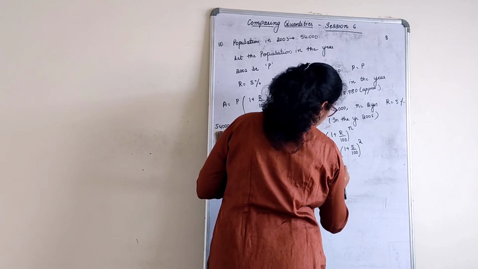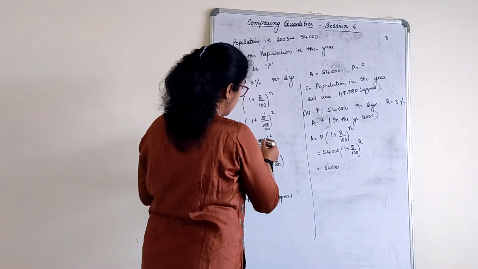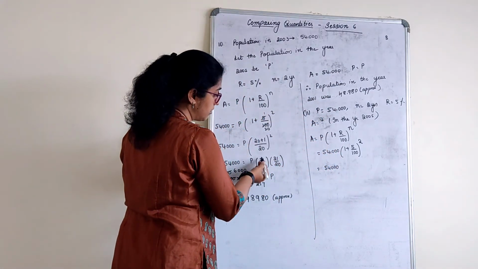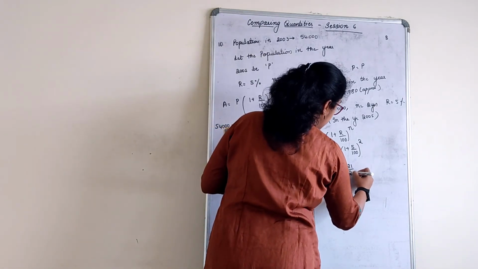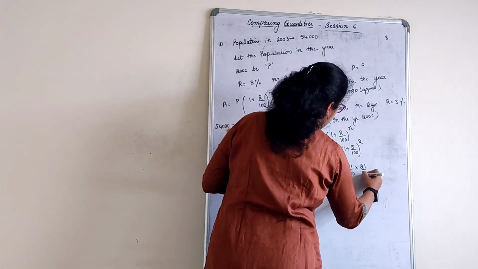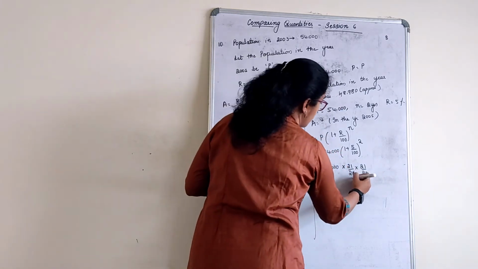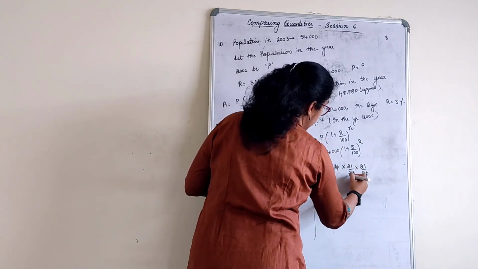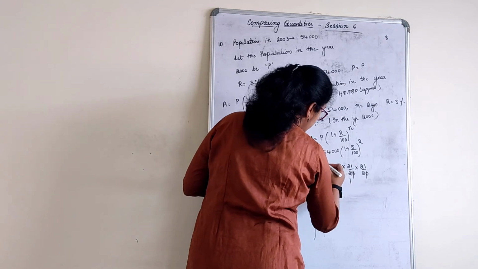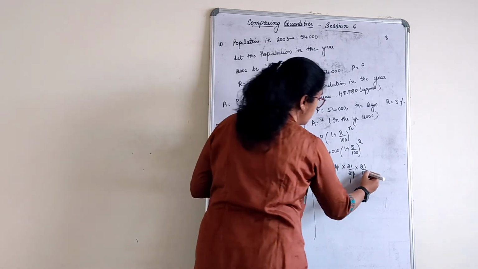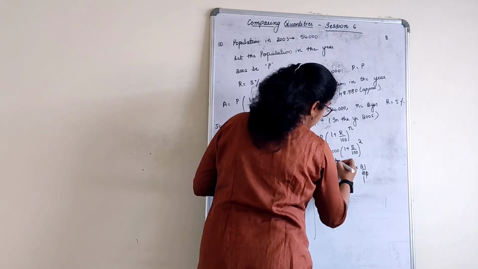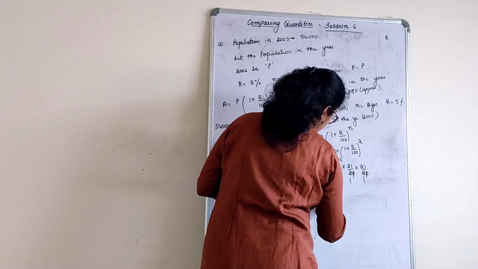So 54,000, same thing, 1 plus 5 by 100 raised to 2 is nothing but 21 by 20. Directly I will write 21 by 20 into 21 by 20, right? 2 zeros will get cancelled. 2 1s are 2, 2 2s are 4, 2 7s are 14, 0. 2 1s are 2, 2 1s are 2, 2 3s are 6, 2 5s are 10.